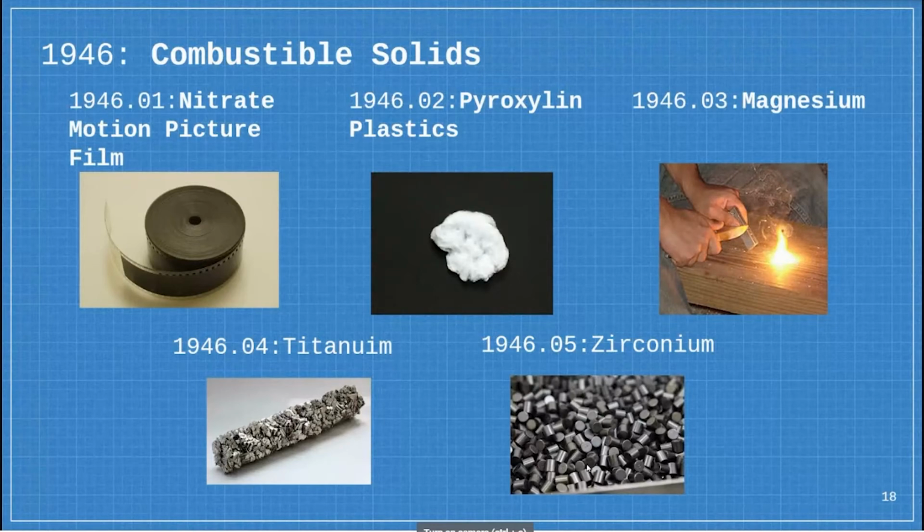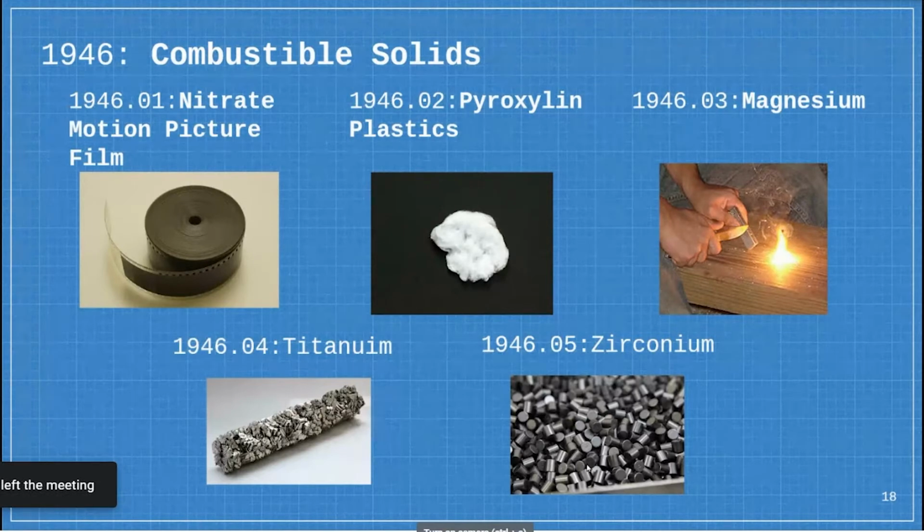Kaya itong zirconium, bawal siyang gamitan ng water pag nasunog kasi pwede siyang sumabog. And para sa pag-contain nito, dapat i-store ito sa 5 to 10% na concentration ng moisture. Next.